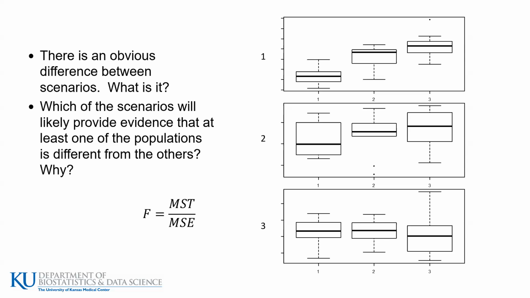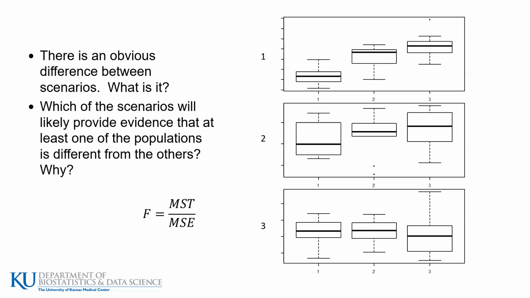But here, there's also more within group variability. So especially in group 1, the spread of the data is a lot larger than in the first scenario. And same with group 3. And then we can also see group 2 has some outliers. So the variation is a little higher as well in group 2.